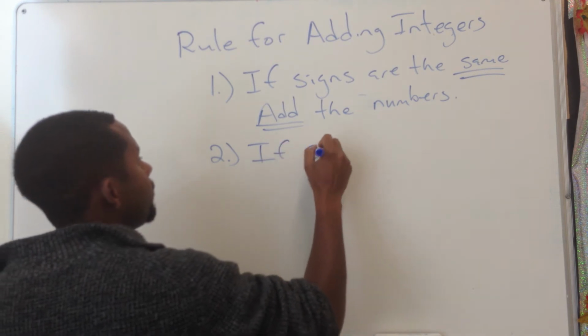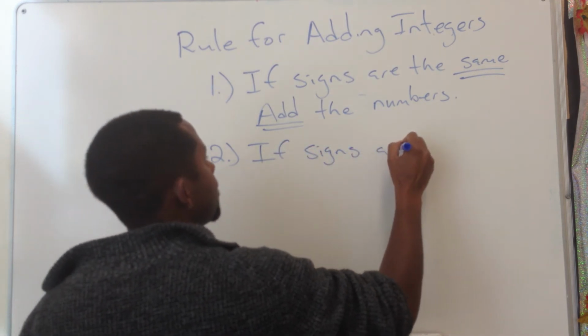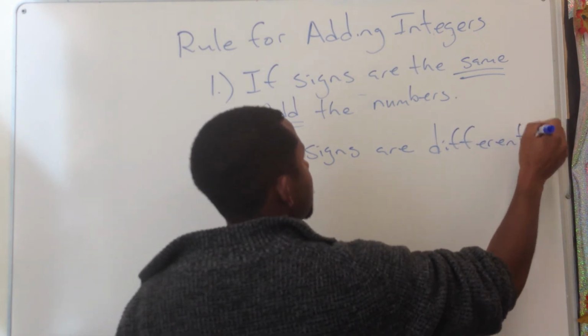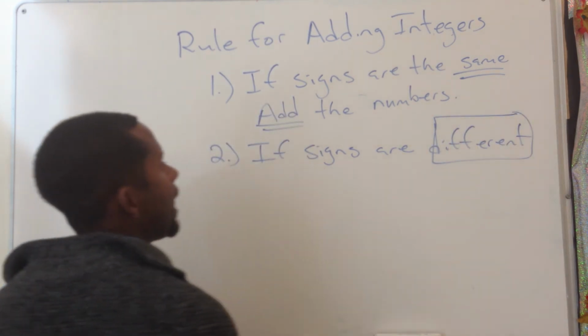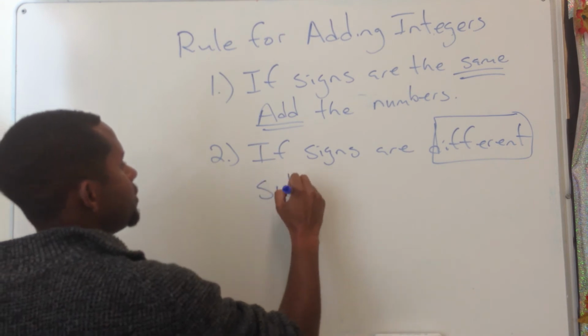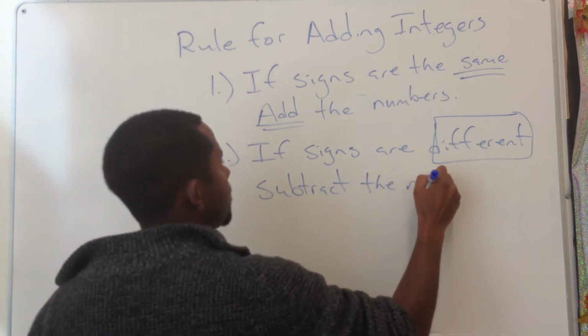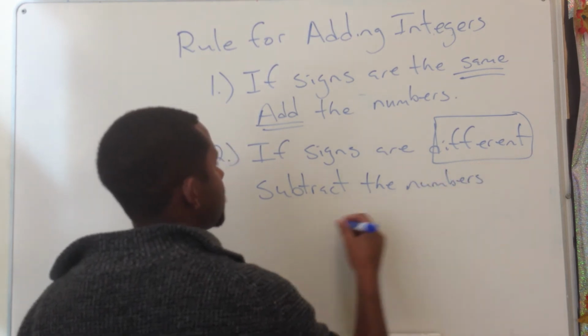Or, if the signs are different: signs are the same, you add. Signs are different, you subtract the numbers.